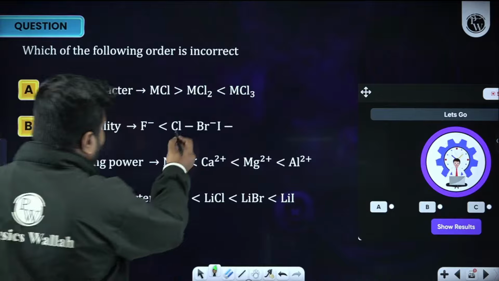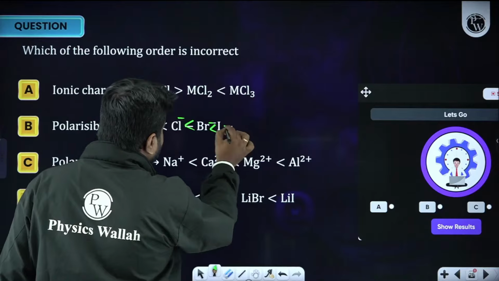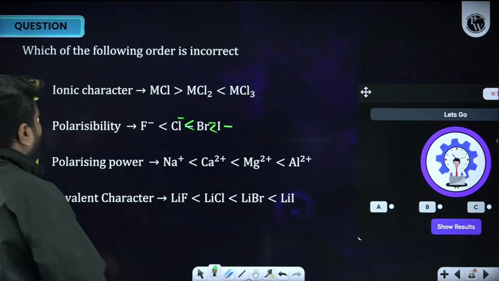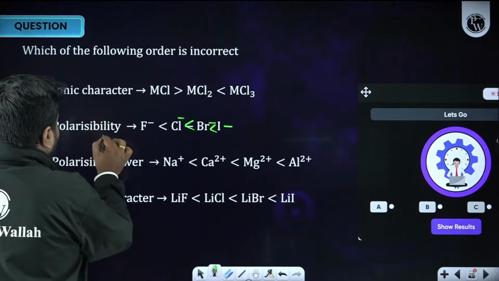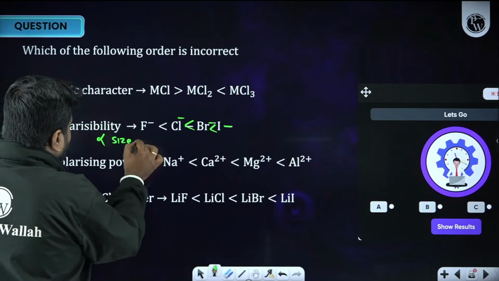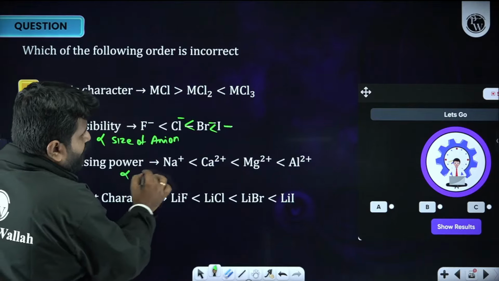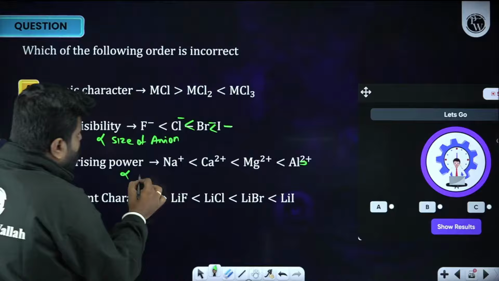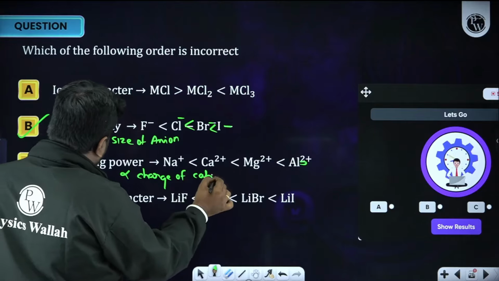Polarizability, Cl minus, Br minus, I minus. Polarizability is directly proportional to the size of anion. Polarizing power is directly proportional to the charge of cation.